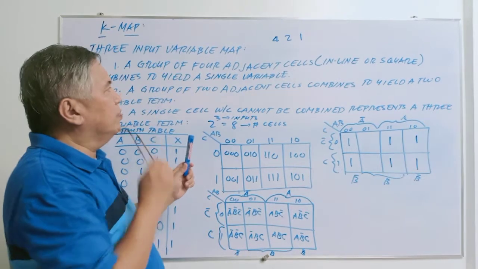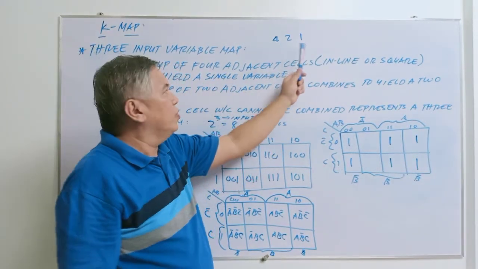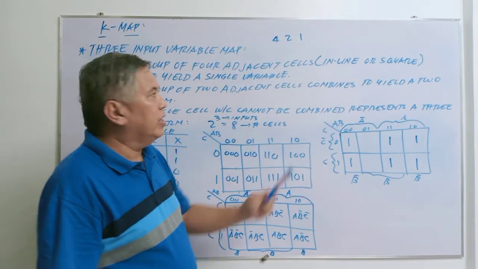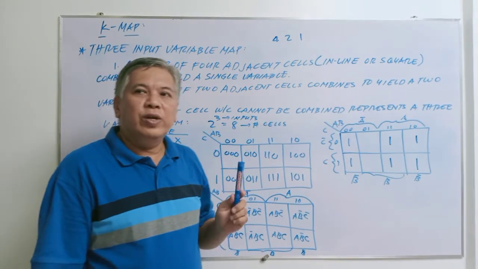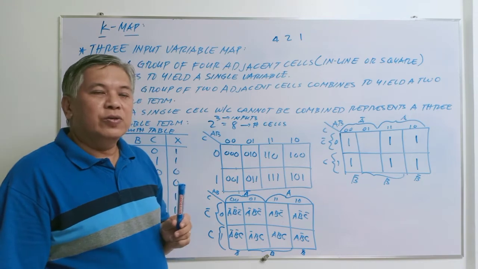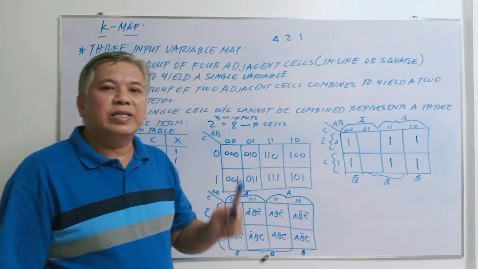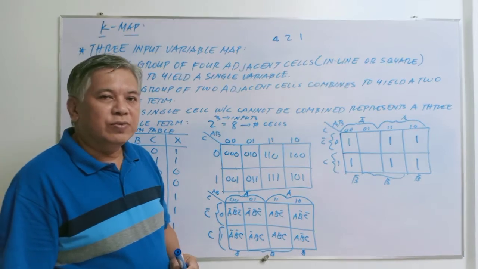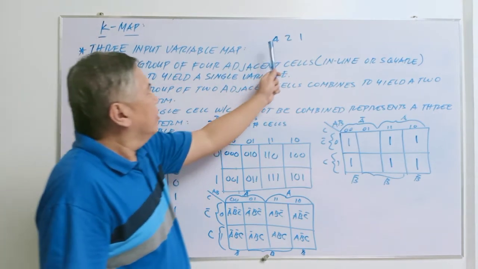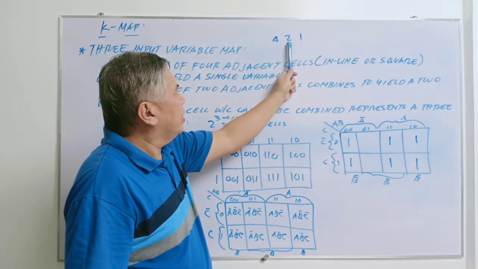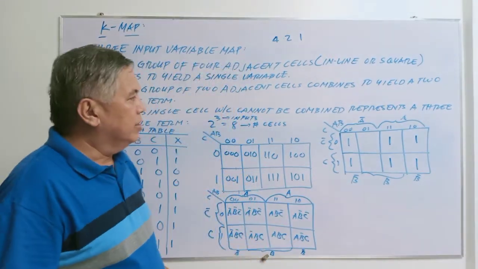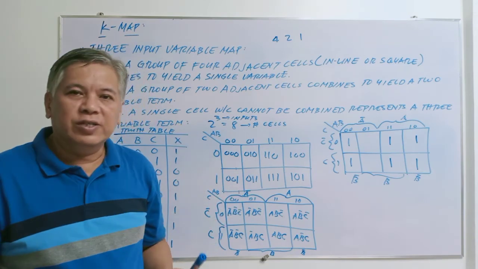And if we no longer have 4 adjacent cells, we go to 2, and we combine the 2 adjacent cells, and then we have 1. So we have to maximize first the number of cells to be grouped so that the output equation will be a simplified logical equation. Again, what will be our grouping? 4, 2, then 1. In this particular case, we try to find 4 adjacent cells.